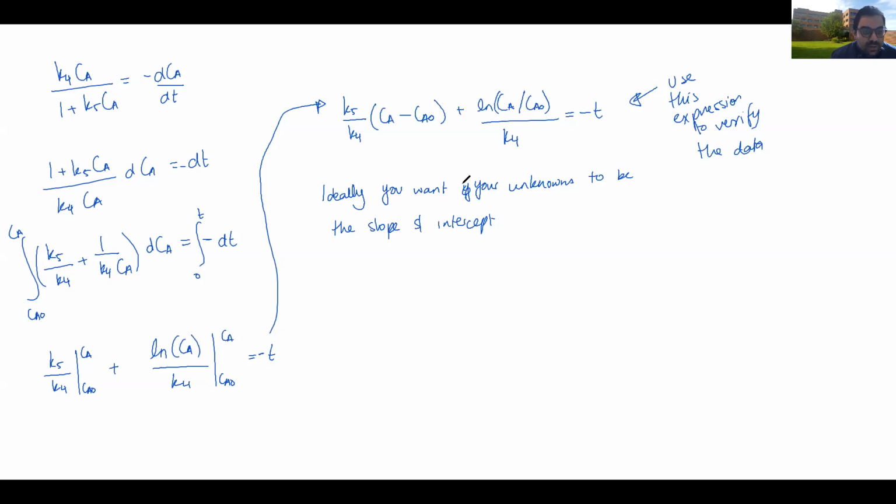So first of all, let's try to linearize this. Let me multiply K4 across this equation. So if I do this, I'm gonna get K5 into CA minus CA naught plus ln CA divided by CA naught is equal to minus K4 t. Okay, so now it's starting to take shape.